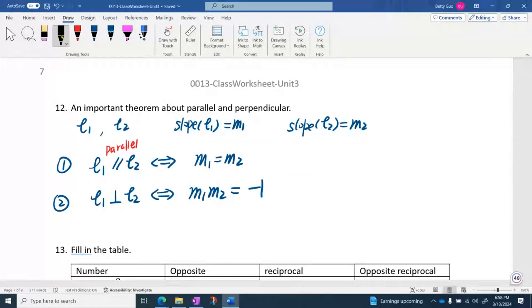And it goes both directions: if and only if means left implies right, and right also implies left. If two straight lines are parallel, then they have the same slopes. Vice versa, if the two straight lines have the same slopes, then they are parallel. That's the first conclusion.